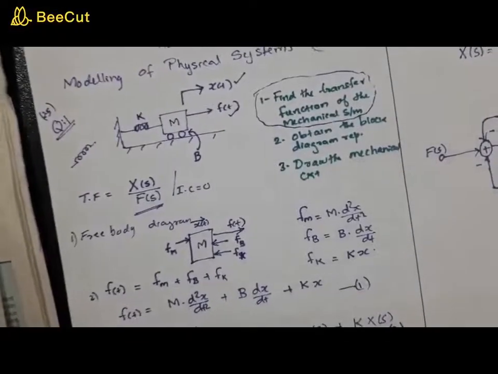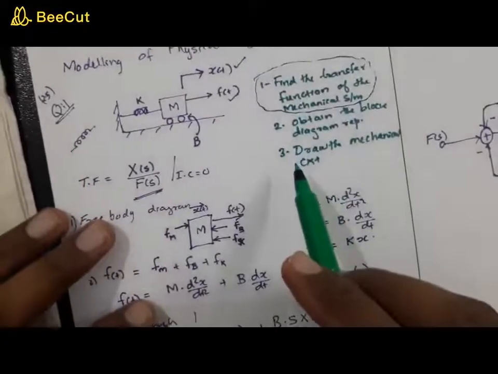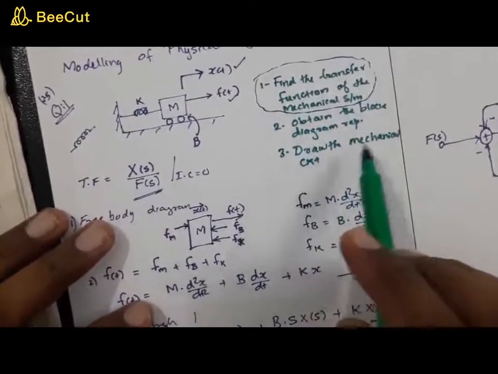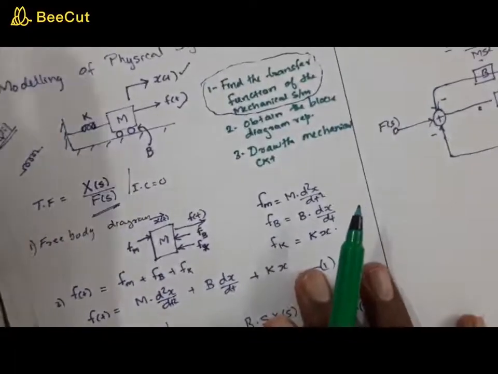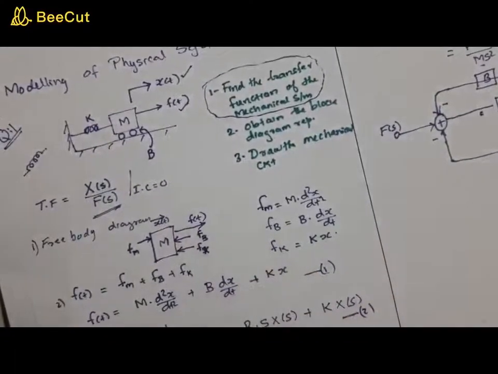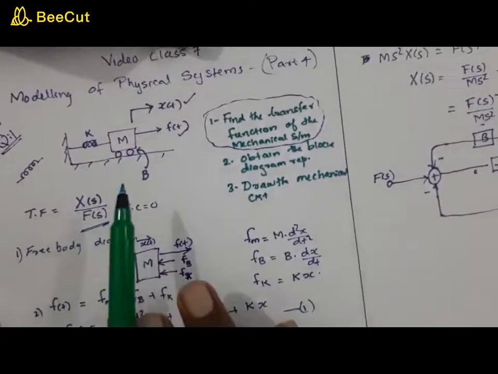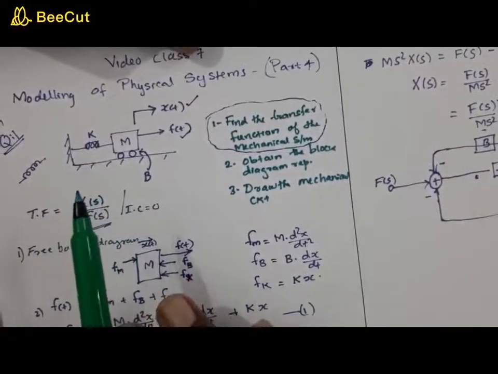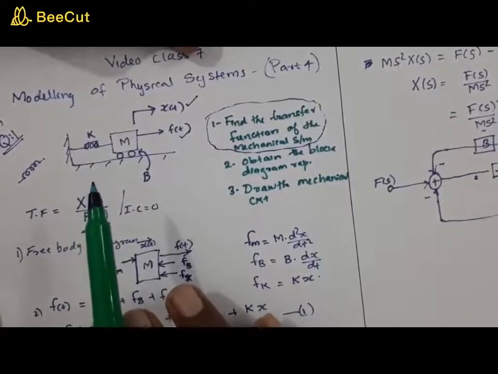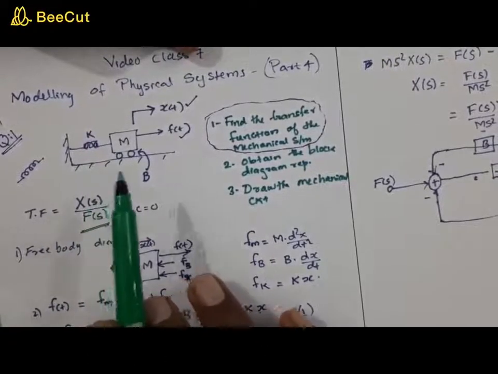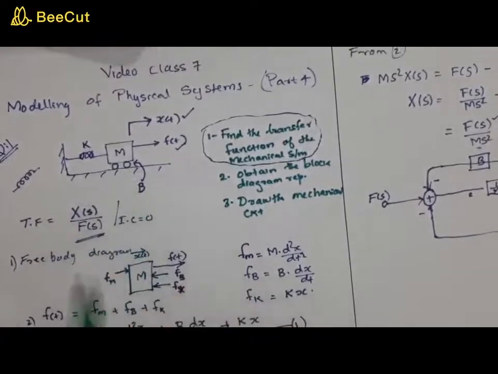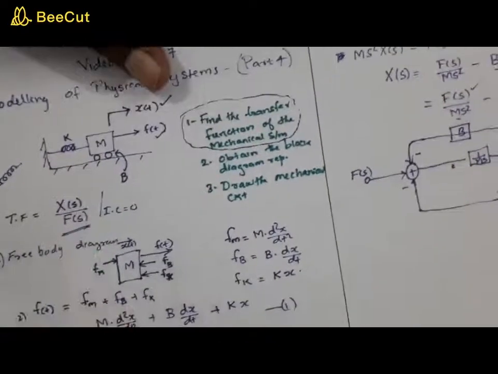Now the third part of the question, so I've added one more question to this. Draw the mechanical circuit of this diagram. You can have a mechanical circuit, and that is similar to an electrical circuit. We always follow a force-current analogy here.